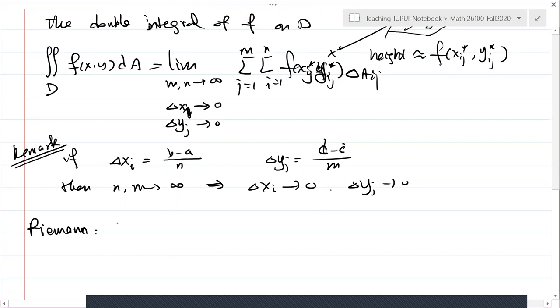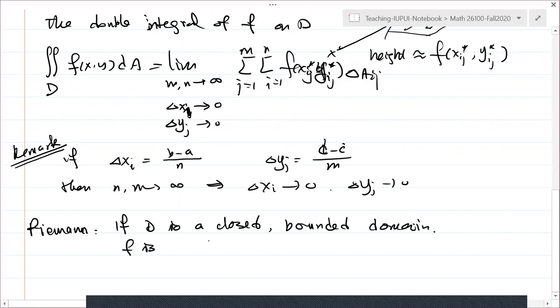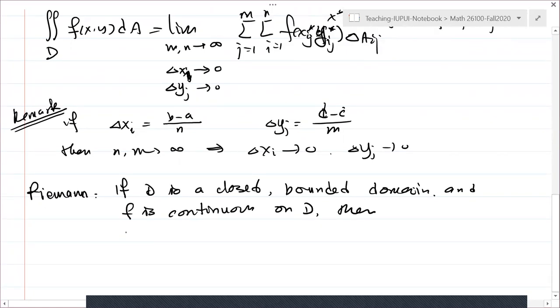Okay, so Riemann showed that if D is a closed, bounded domain, and f is continuous on D, then we are guaranteed that the limit of the Riemann sums exists.